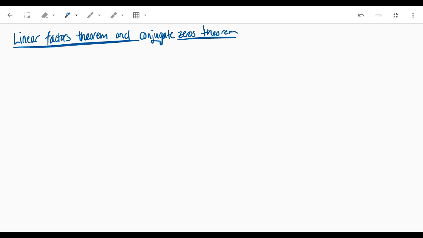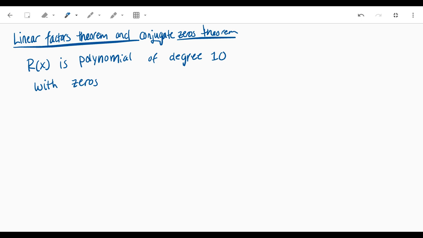Okay. So this one says, as an example, suppose r of x is a polynomial of degree 10. That's a lot. Also suppose our zeros are 4, -5, 7, and -5 plus 2i.